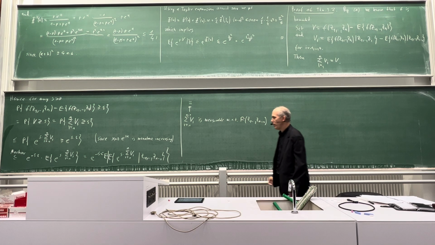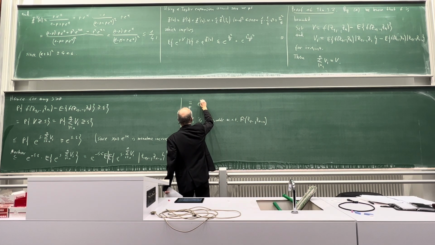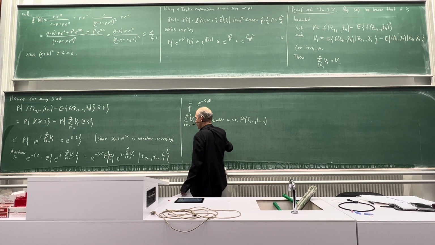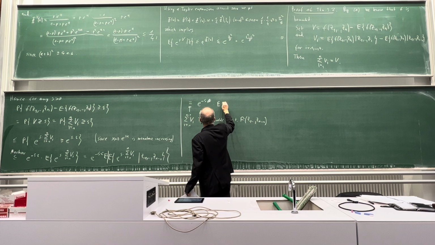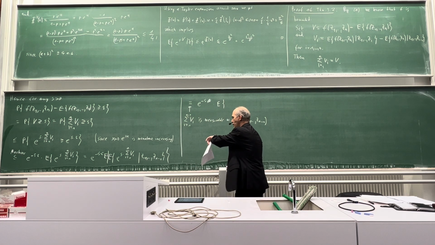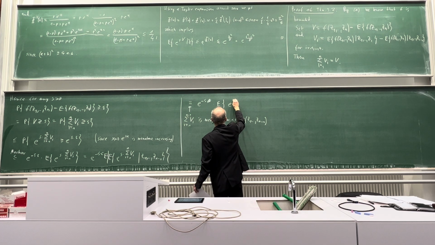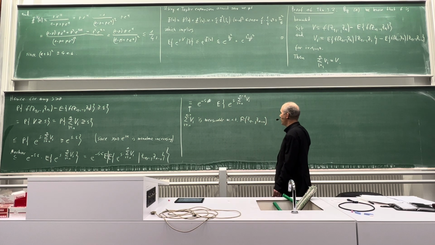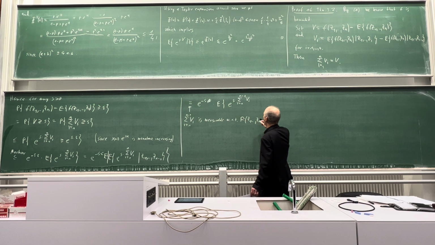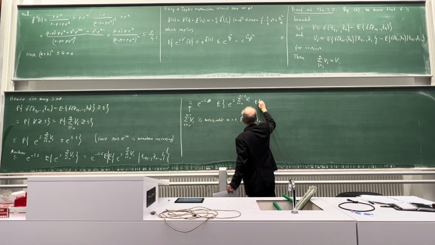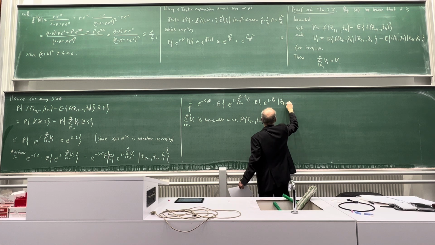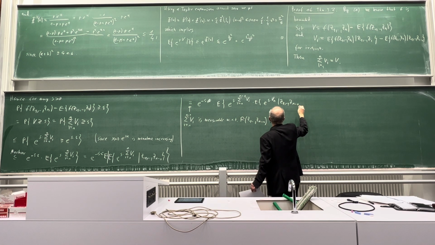So you see I can rewrite this whole thing as e to the power minus s times epsilon times the expectation of e to the power s times the sum over i equal 1 to n minus 1 of Vi, times the conditional expectation of e to the power s times Vn given Z1 to Zn minus 1.